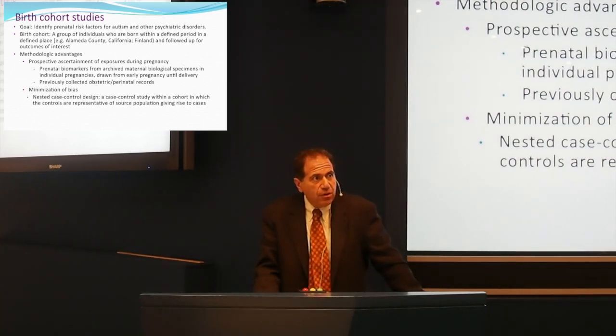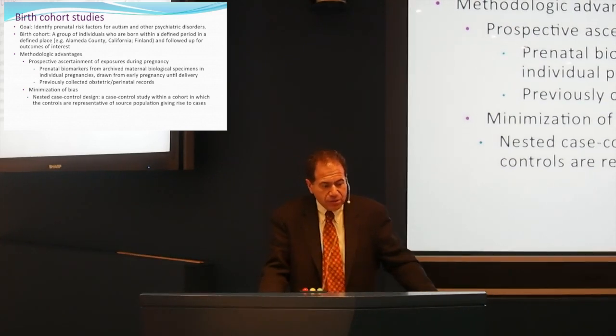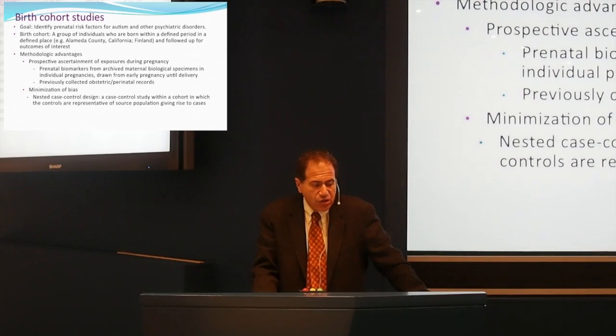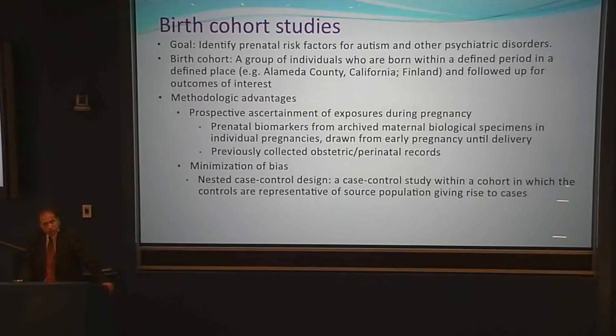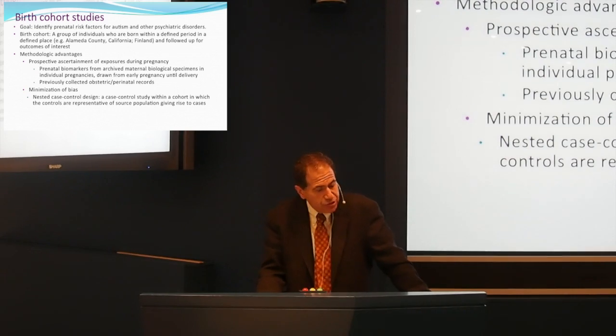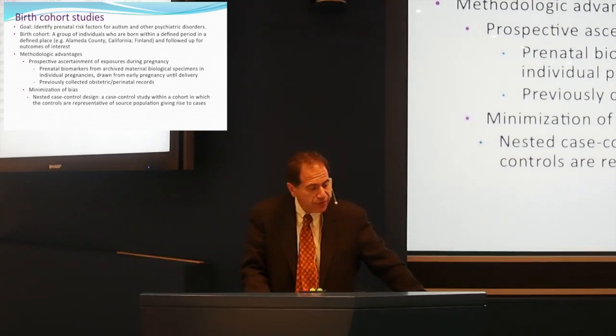The birth cohort has a number of methodologic advantages. I'm not going to talk about all of them, but two key advantages to emphasize are, first, that because it's a longitudinal study, we're able to do a prospective ascertainment of exposures during pregnancy using prenatal biomarkers. We've used archived maternal serum specimens in our work that were drawn during pregnancy, and individuals are then followed up for autism. Previously collected obstetric and perinatal records have also been used and are very valuable.